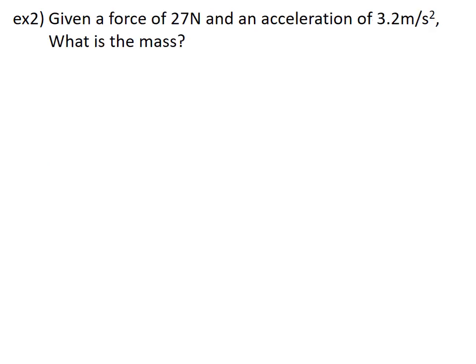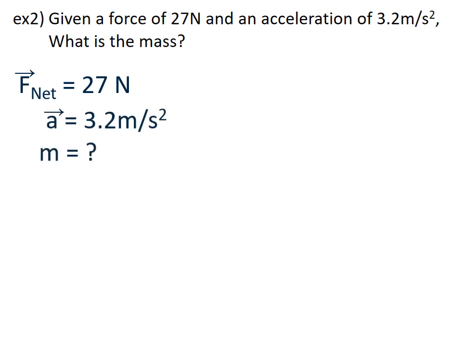Example 2. Given a force of 27 newtons and an acceleration of 3.2 meters per second squared, what is the mass? Well, we're told the force is 27 newtons, so we put that in our variable list along with an acceleration of 3.2 meters per second squared, and we are looking for the mass. Again, Fnet equals mass times acceleration.